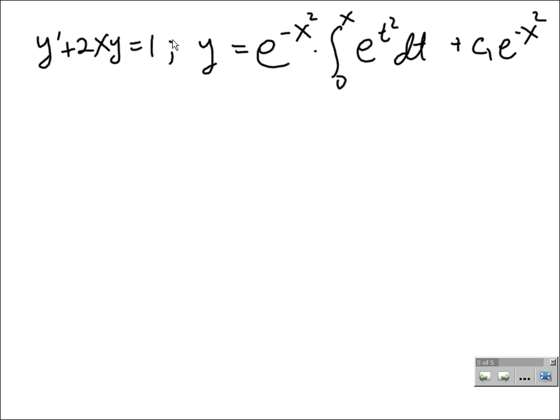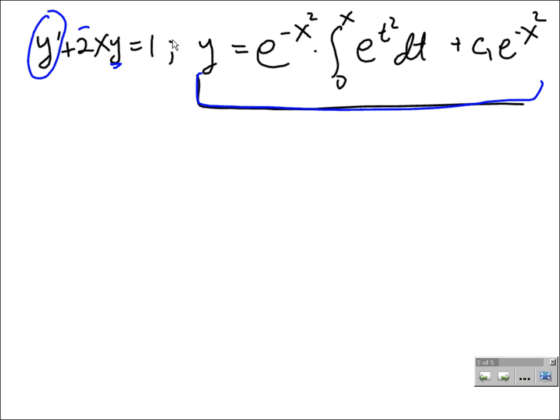Now, we claim that this is a solution to the equation on the left. So basically, I need to calculate y prime, and then I need to multiply y, which I have over here, by 2x. And once I do that, when I add them together, I should get 1.